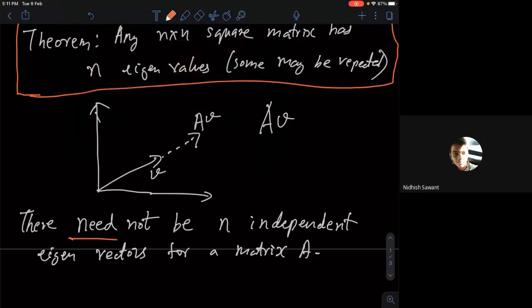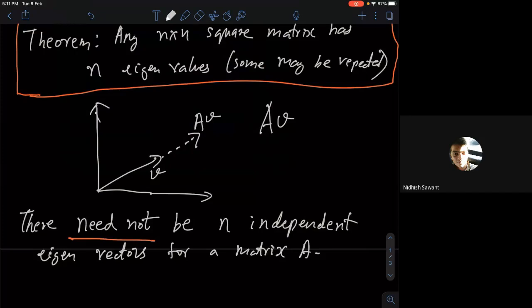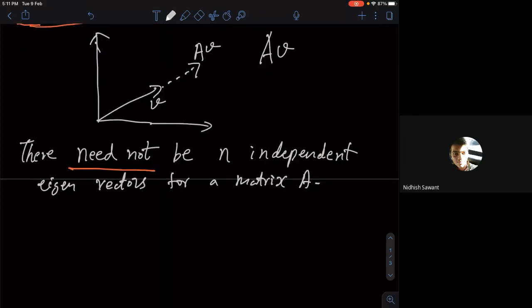There need not be independent eigenvectors. When a matrix A does not have independent eigenvectors, these are called degenerate matrices. These are matrices we are mostly not interested in.